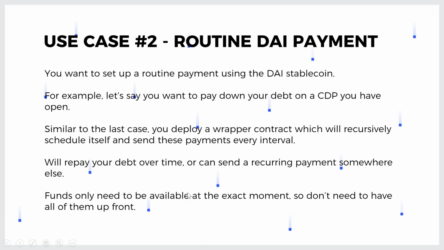So just one of the key things with this is that the recurring payments don't actually have to lock up your funds. You can have the funds you want to send later be liquid. It just needs to have the funds available in the contract by the time that payment goes through.